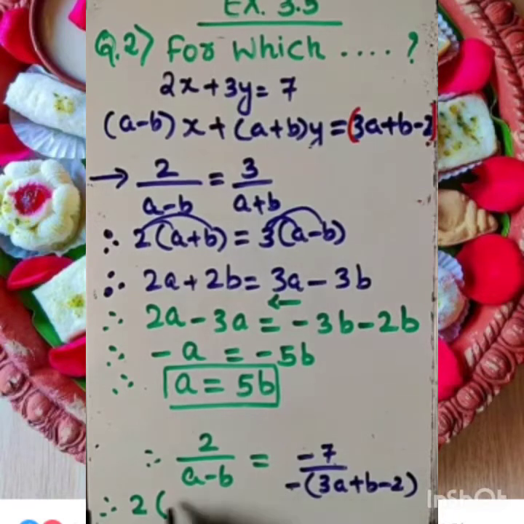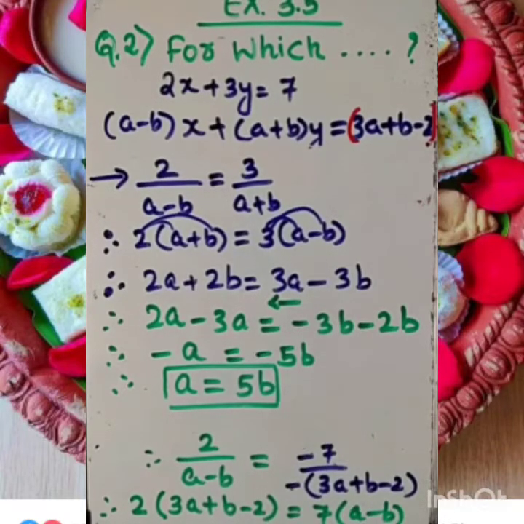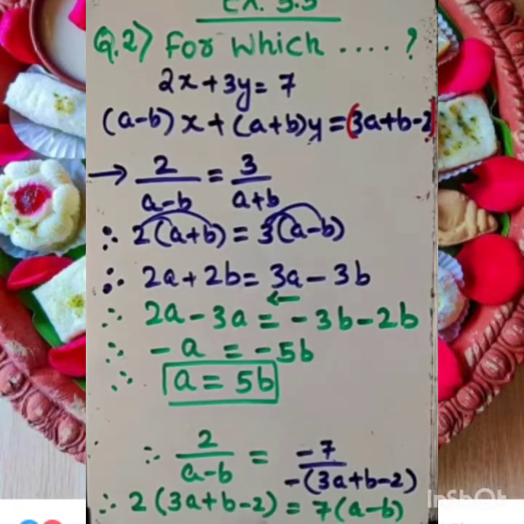See, here this minus already cancelled. So in bracket we need to write 3a plus b minus 2, and here 7 into a minus b. Cross multiplication: 2 into 3a plus b minus 2 equal to 7a minus b. Fine. So here minus minus already was cancelled, and this is a very important result which we are going to use further.